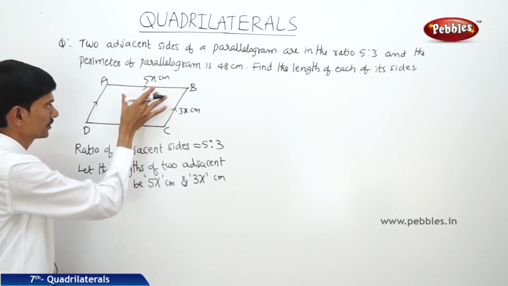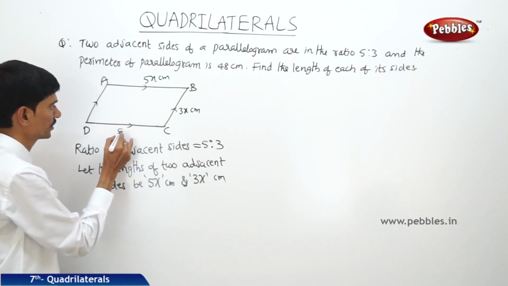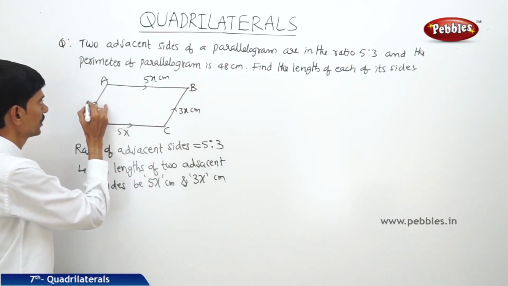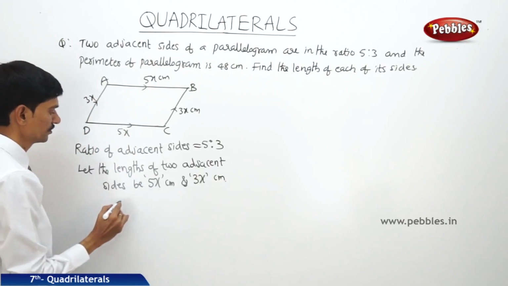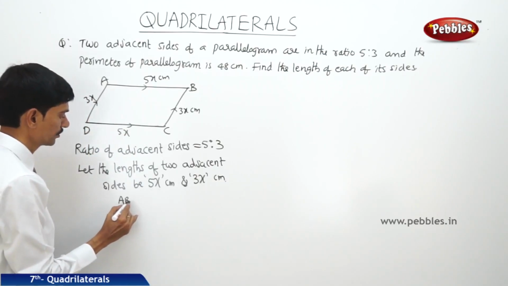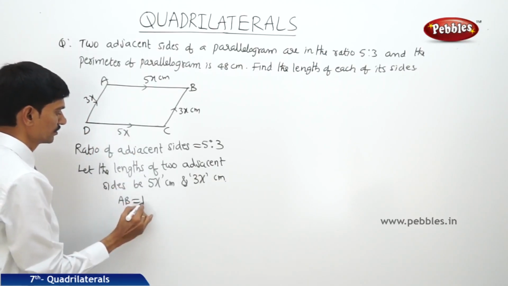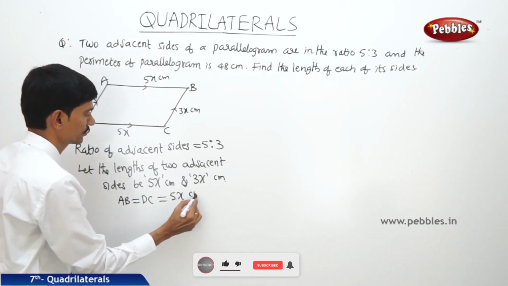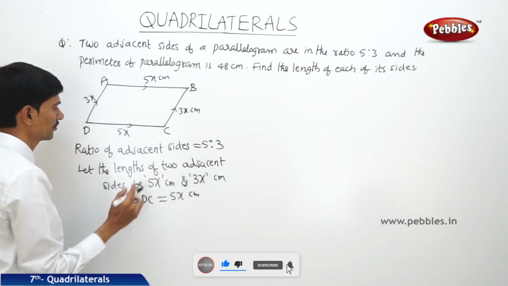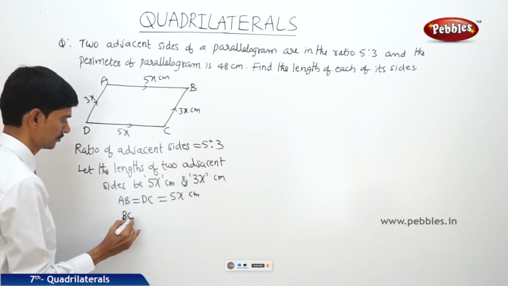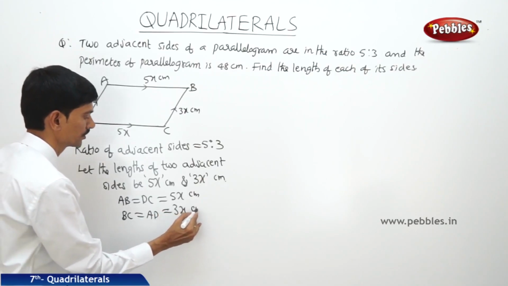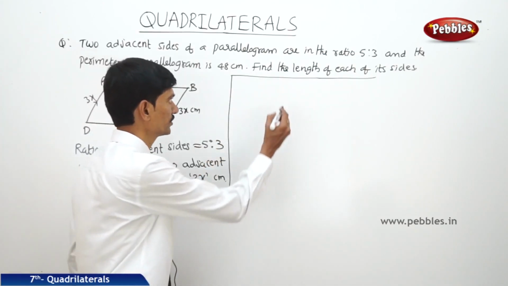If AB is 5x, then DC is also 5x centimeters, and if BC is 3x centimeters, then AD is also 3x centimeters. So here AB equals DC equals 5x centimeters and BC equals AD equals 3x centimeters.